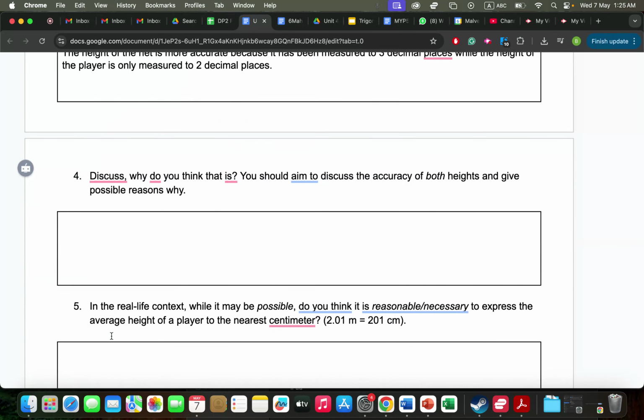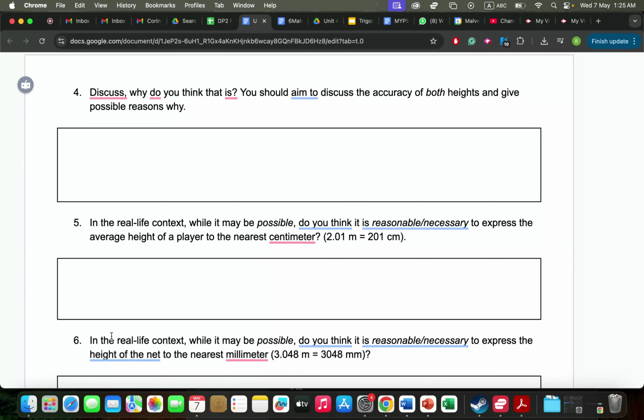Now one thing about degree of accuracy is that besides looking at the rounding of the numbers, we need to think about some of the real life factors that could have caused the difference between the accuracy of both heights. Now, there is no one correct answer for this. There are usually multiple solutions, and that's what makes Criterion D very interesting, because if the answer makes sense, obviously you're going to get credit for it.